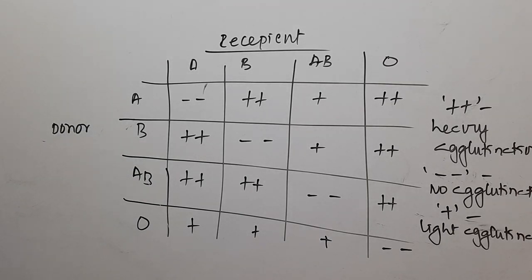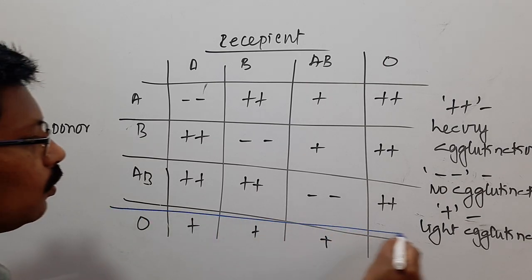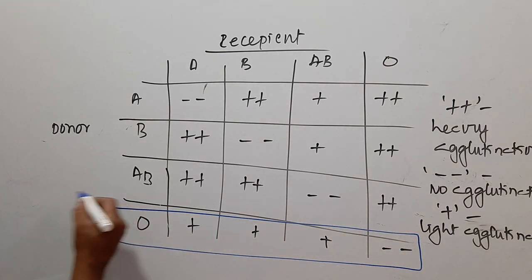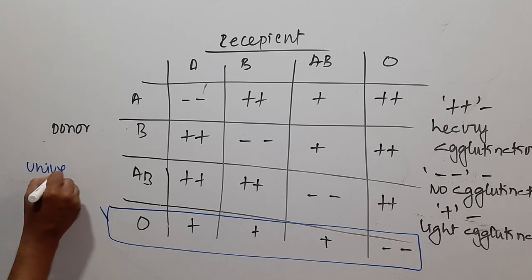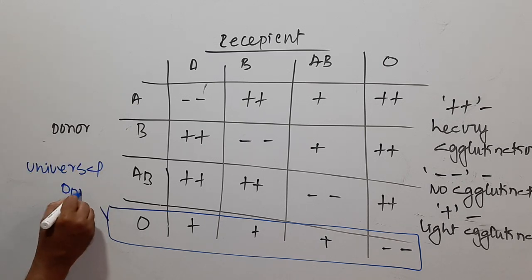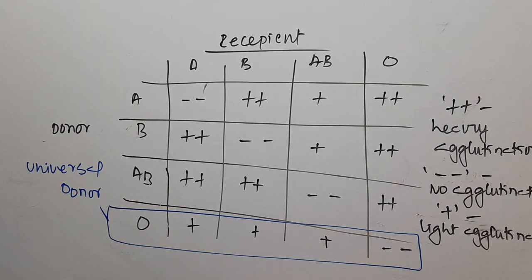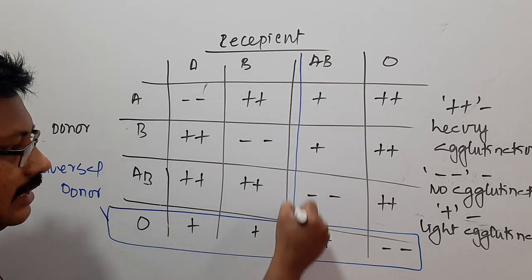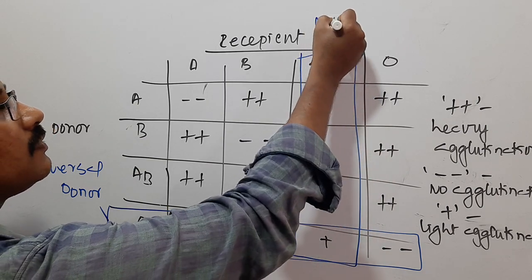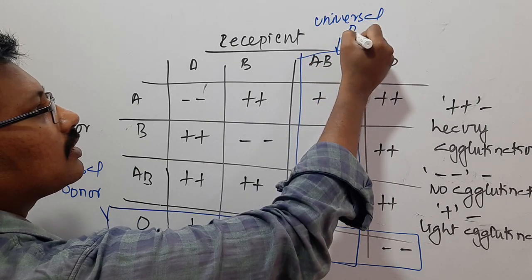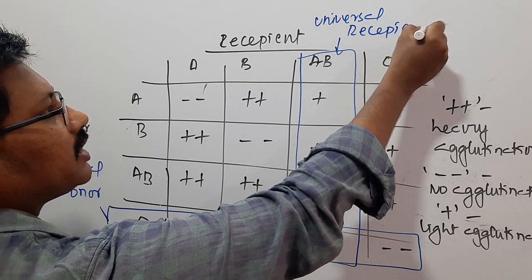So with this table we understand that O is the universal donor, and when you see here, this one has become the universal recipient.